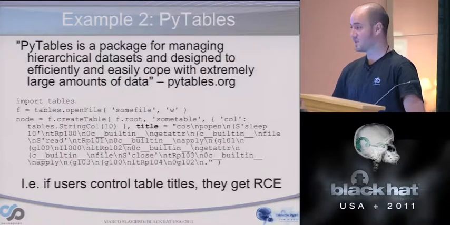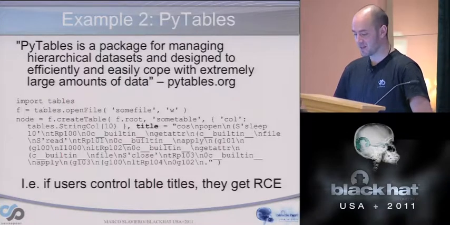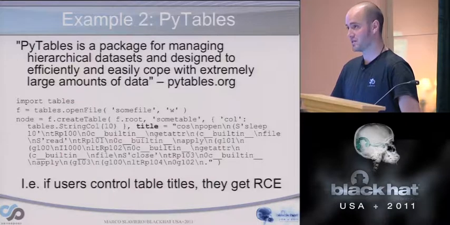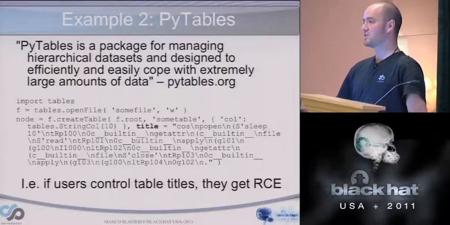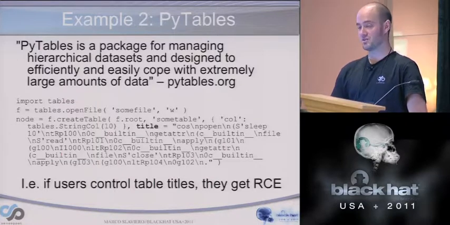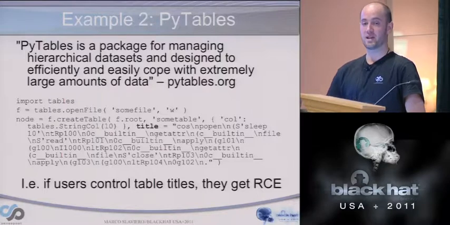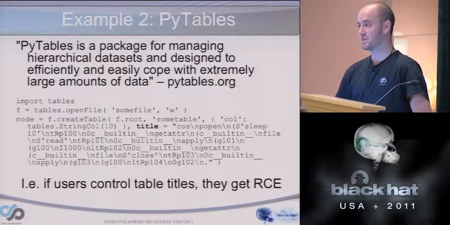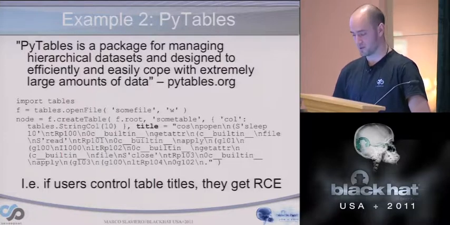One of the parameters given to the create table method is a title, and that title is vulnerable to a pickle injection flaw. So if you have an application written to use PyTables, and that application allows end users to create tables and specify their own table names, then it is vulnerable to a pickle loading bug.